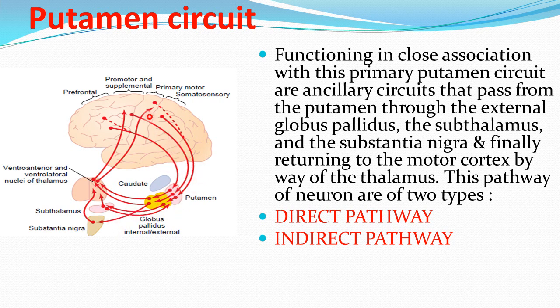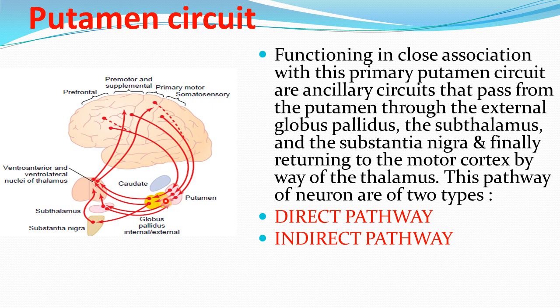Okay, see these fibers from the cerebral cortex, that is association area and prefrontal cortex, pass to the putamen, from putamen to the globus pallidus externus. Globus pallidus internus passes to the thalamus.